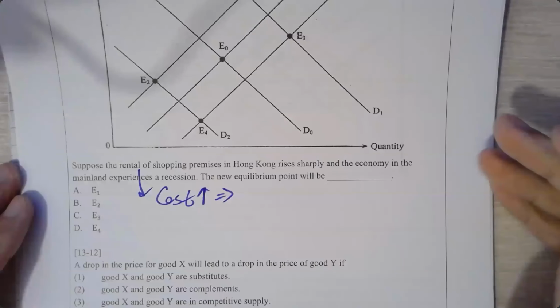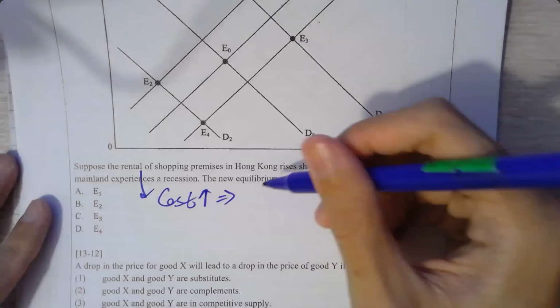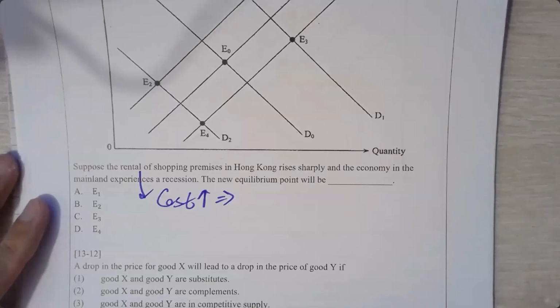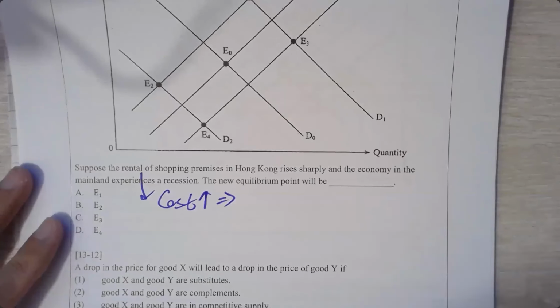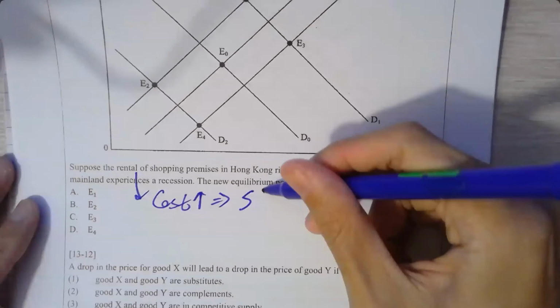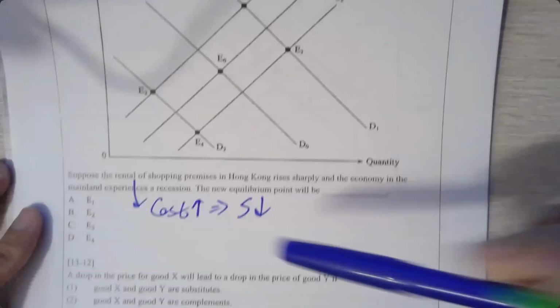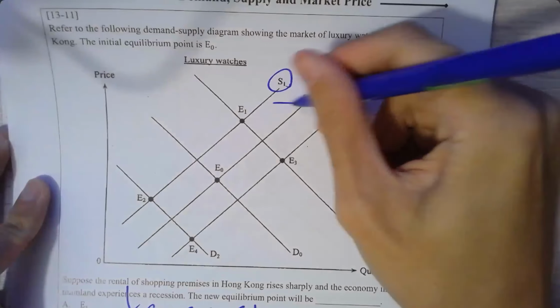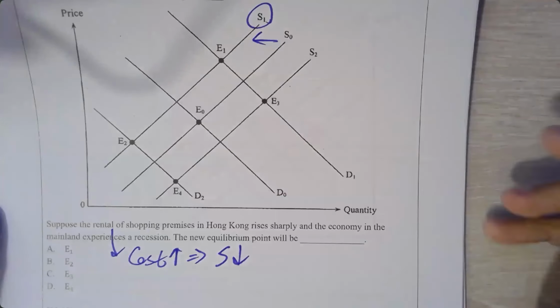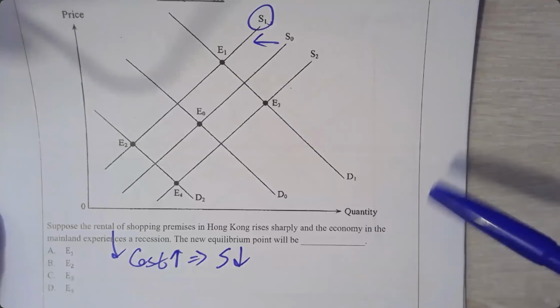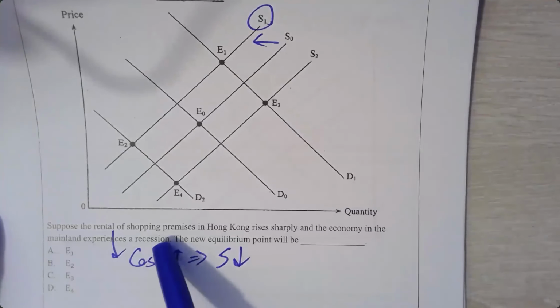Therefore, the shops which sell the watches, meaning the supplier of watch, would decrease. 係咪啊？會跌啦。So we have S1 要跌過嚟。呢啲條條跌嘅冇升嘅。啊玩嘢喎。And the economy in the mainland experience a recession.